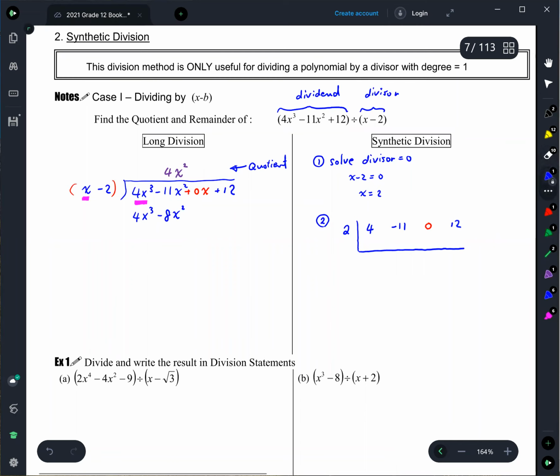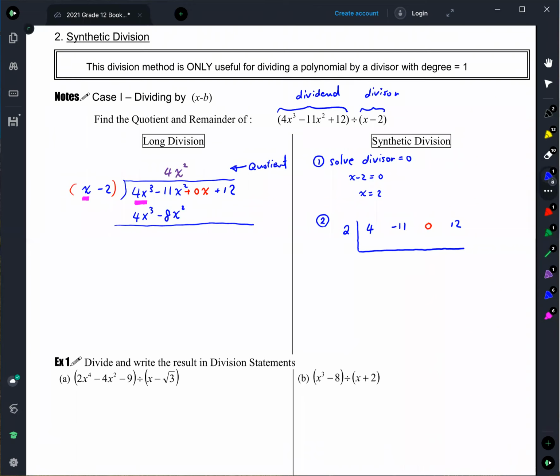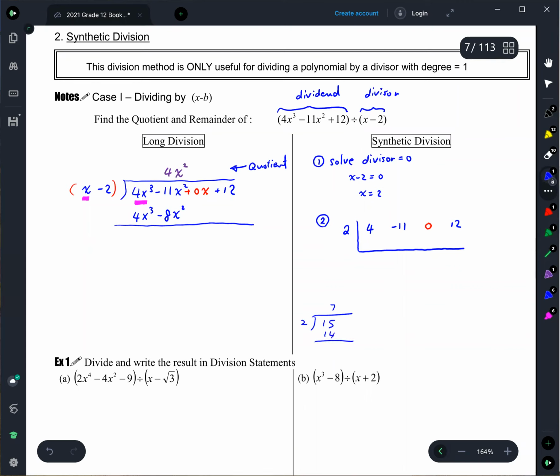Okay, so after that, you draw a line and you subtract. Okay, just like the way you do dividing with numbers, right? Think about, for example, you have 15 divided by 2, you multiply by 7, and you write a number underneath and you subtract, right? Very similar.